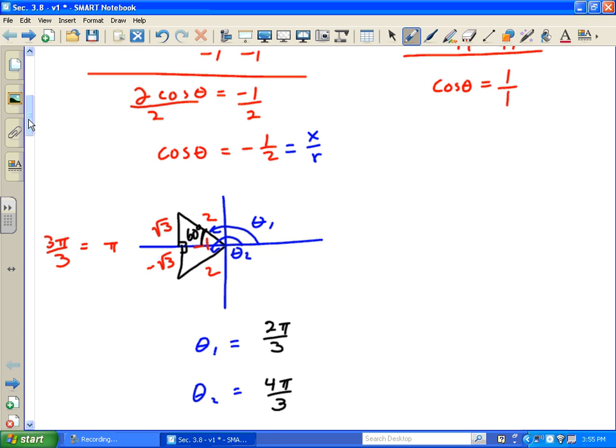Okay, on the other one, if we draw this, we know that this is x over r. The r value being 1 indicates that this is going to be quadrantal. That being the case, we need to figure out where is x 1 and where is r 1 at the same time.